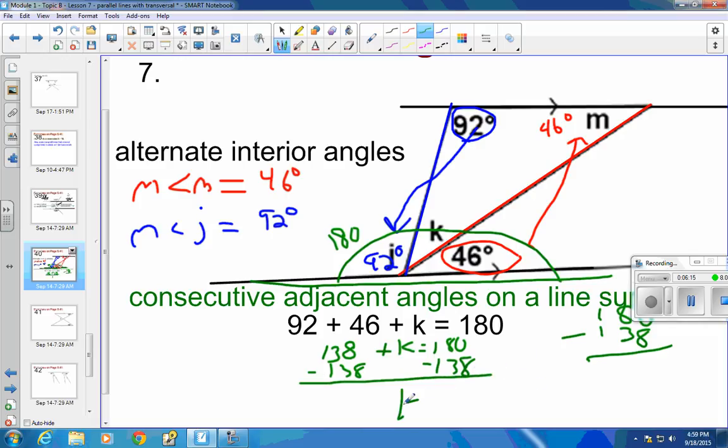That would give you K by itself, so we get the measure of angle K is equal to, and borrow 1 from the 8, make it a 7, so 10 minus 8 is 2. This is now a 7 minus 3 is 4, and you get 42 degrees for angle K right here. So this is 42 degrees. Okay, so 46, 42, and 92.